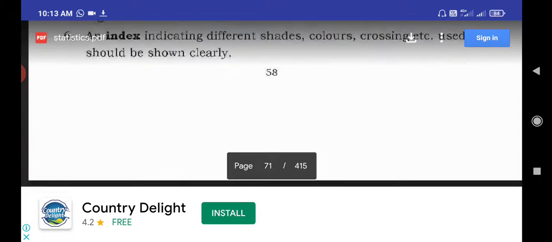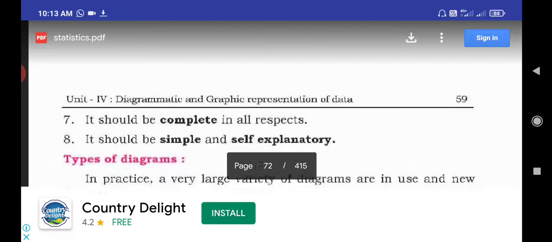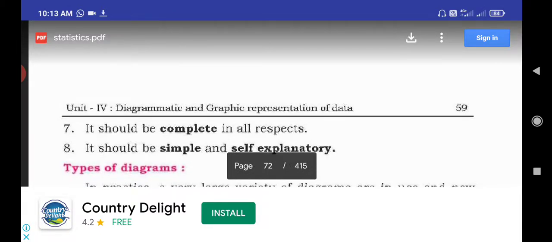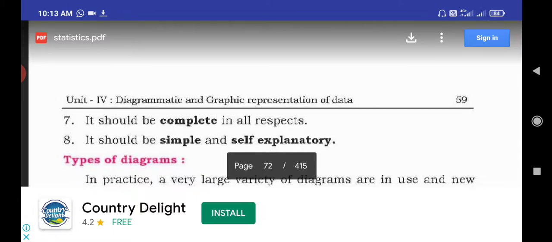Okay students, next rule is it should be complete in all respects. Whatever rules there are, we must follow them. It should be complete in all respects, for all diagrams and graphs. And the last one, it should be simple and self-explanatory.